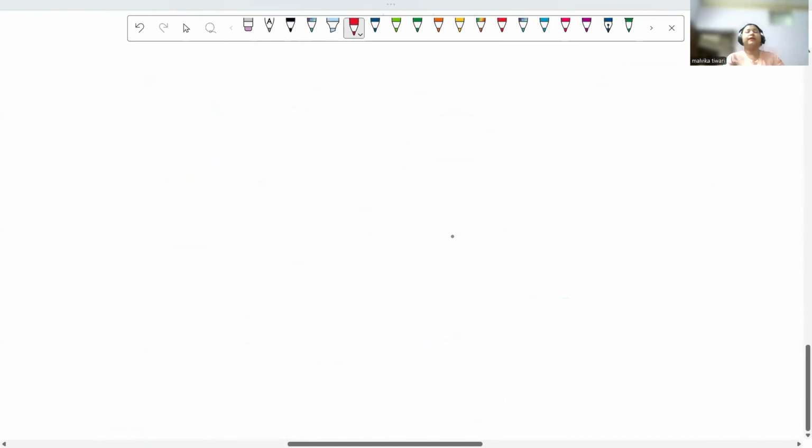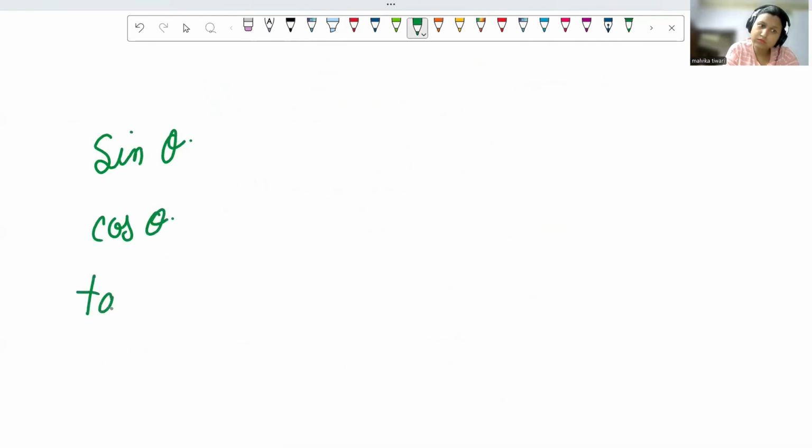There are a few different ways to remember the values at different angles of sine and cos. So let's see them once. You need to remember the three important and basic ratios, that is sine theta, cos theta, and tan theta.